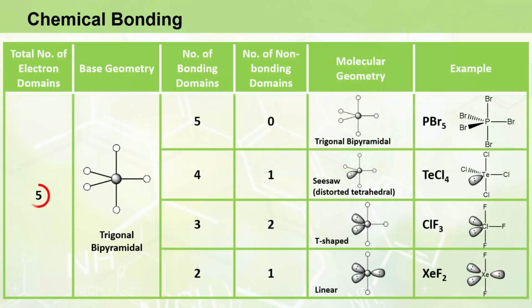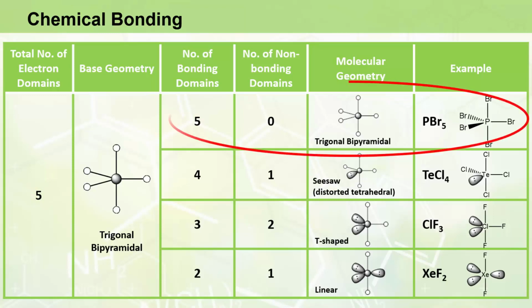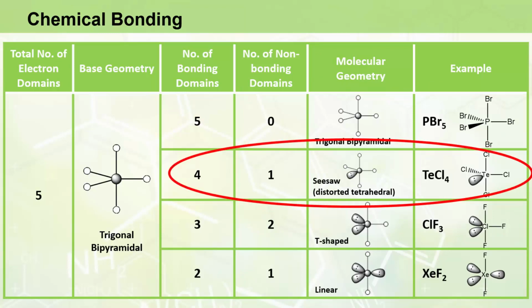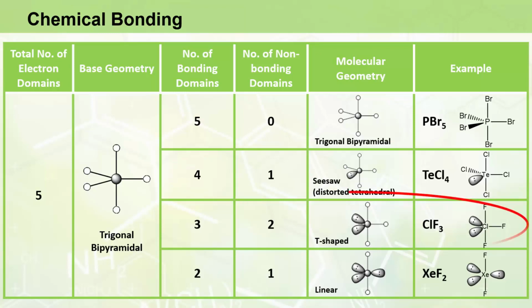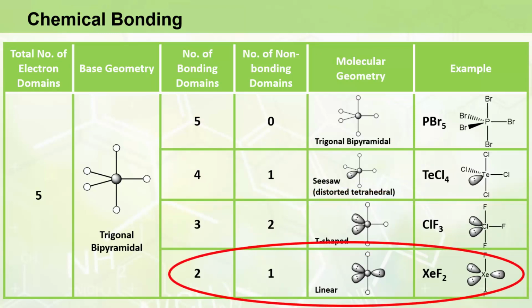In the case of 5 electron domains surrounding a central atom, this table shows that there are 4 possible molecular geometries: trigonal bipyramidal, with 5 bonding and 0 non-bonding domains; seesaw or distorted tetrahedral, with 4 bonding domains and 1 non-bonding domain; T-shaped, with 3 bonding domains and 2 non-bonding domains; and linear, with 2 bonding domains and 3 non-bonding domains.